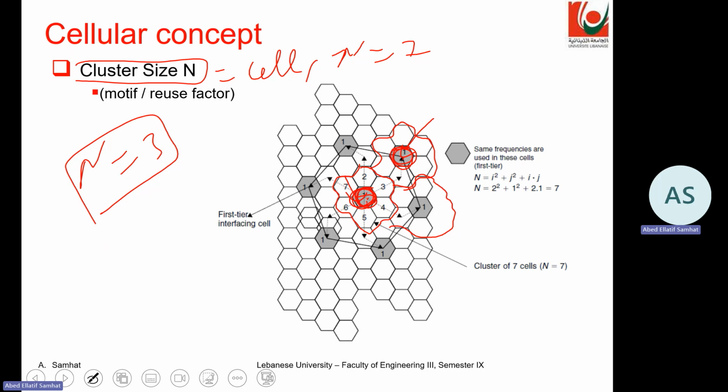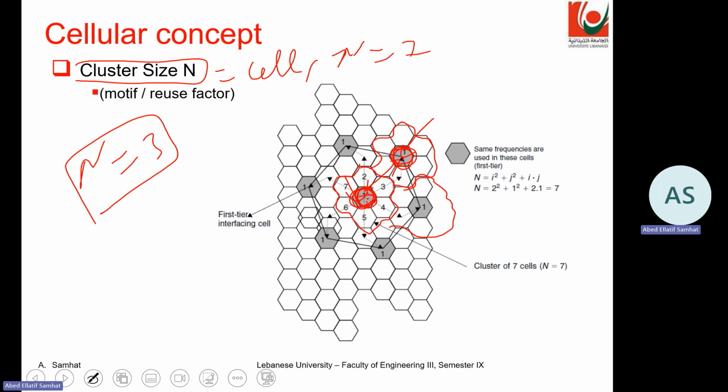If we are using the same frequencies, we should design in a way that avoids interference between them. So we should find the distance between the two, what we call interfering cells.